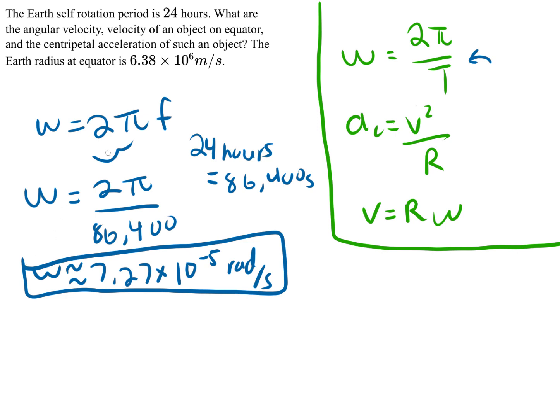And now, let's move on to the velocity of an object on the equator. We solved for angular velocity first because it allows us to plug the angular velocity back into this equation, which says that the velocity is equal to the radius times the angular velocity. So it's the distance of the object to the center of the circle.